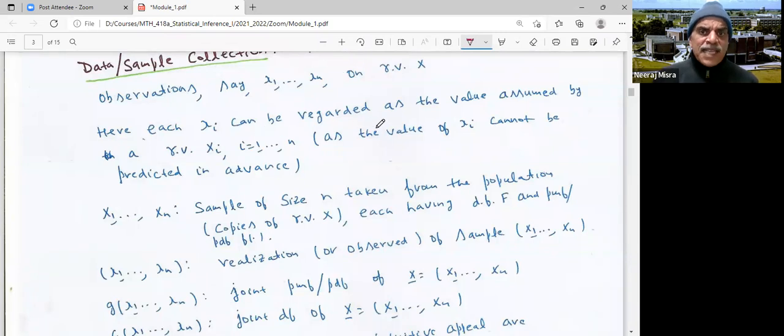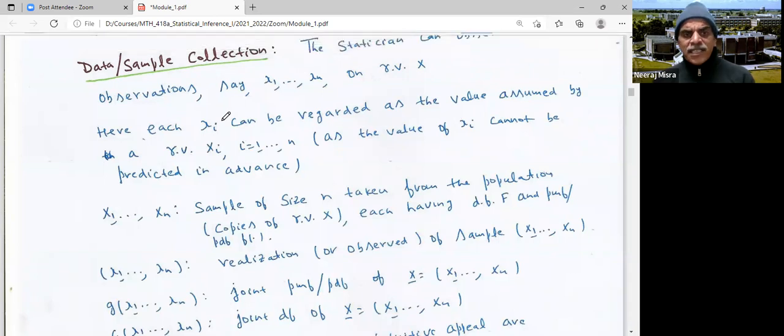Now each xi can be regarded as the value assumed by some random variable Xi, because this xi is the height of the ith individual in the sample. The ith individual in the sample could be any individual from the population, so it is a random variable.